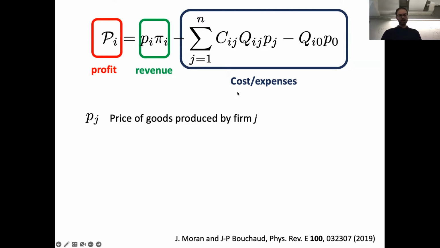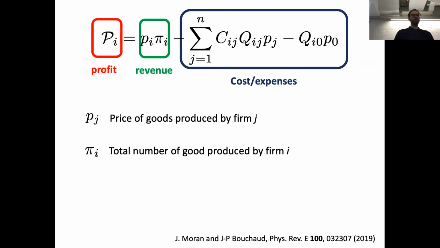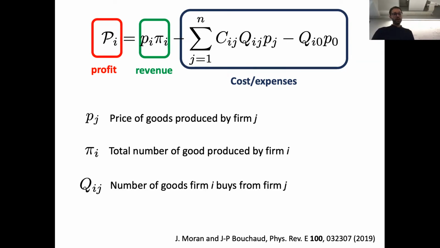P is the prices of the goods, pi is the total number of goods produced, and Q is the number of goods firm i buys from firm j. This is basically how much money comes in and how much money goes out.